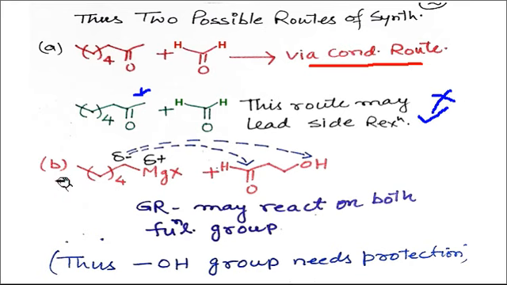However, in path B, we have this Grignard reagent and we would like to react it with the other synthetic equivalent.